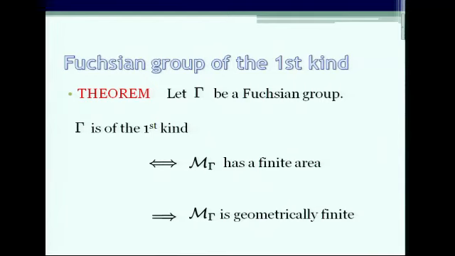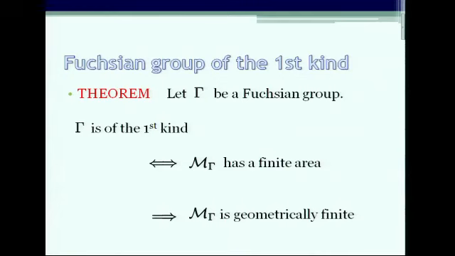There is an important subgroup of the Fuchsian groups, called the Fuchsian group of the first kind, and this often appears in number theory. I won't give the definition of the group of the first kind, but anyhow, it's equivalent to the fundamental domain having a finite measure.